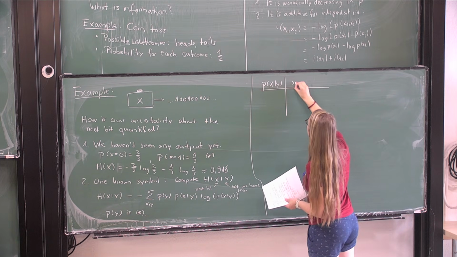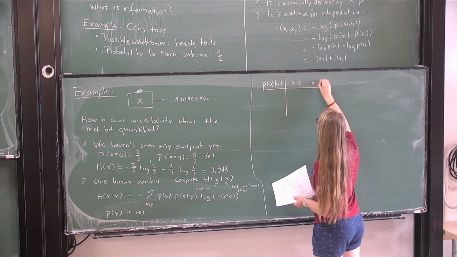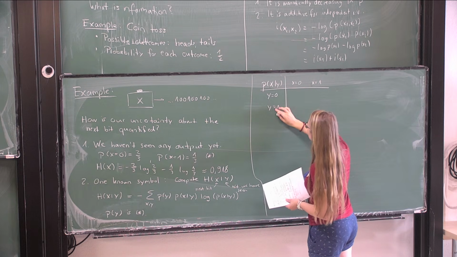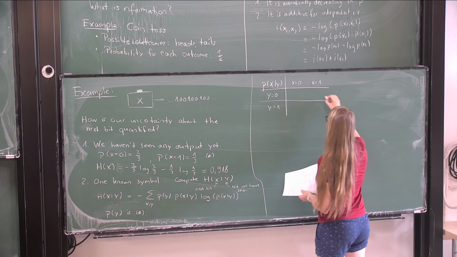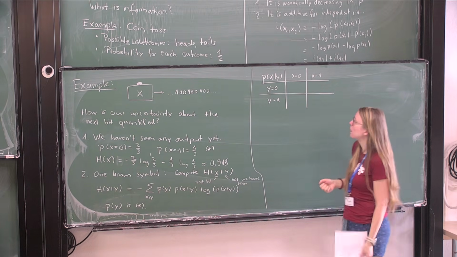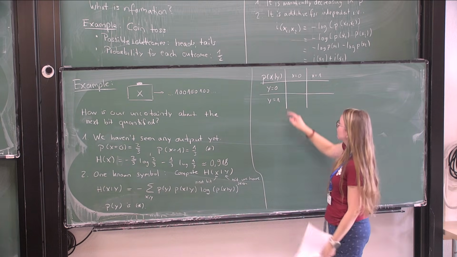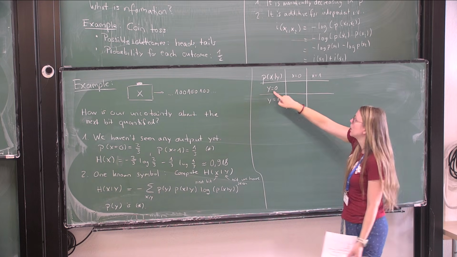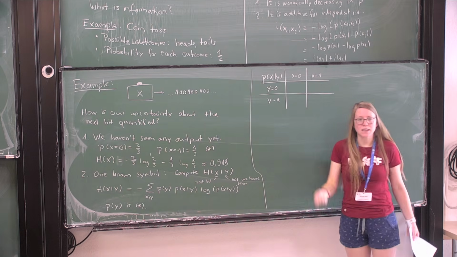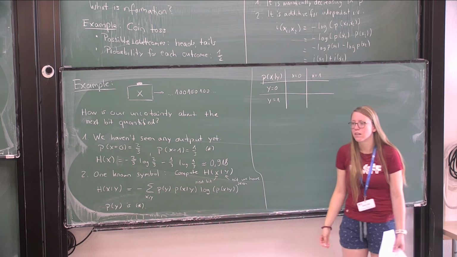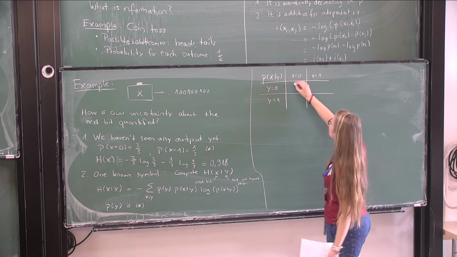So X equal to 0 and X equal to 1, Y equal to 0 and Y equal to 1. So let's say the first bit that we have seen is 0. What is the probability that the next bit is 0? 50-50. Yes, now it's 50-50.